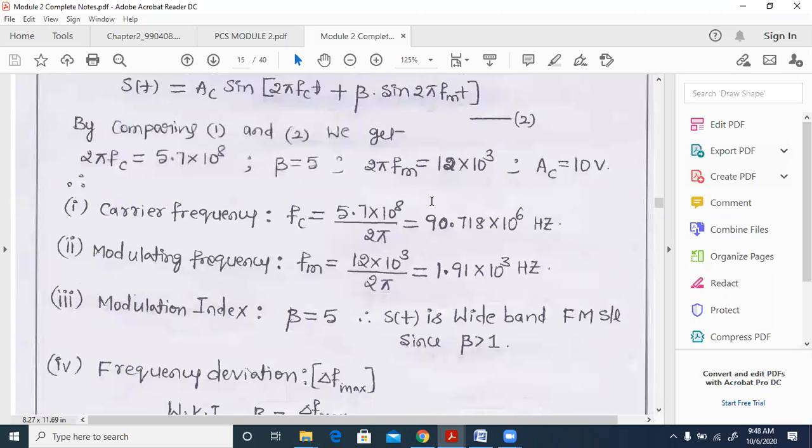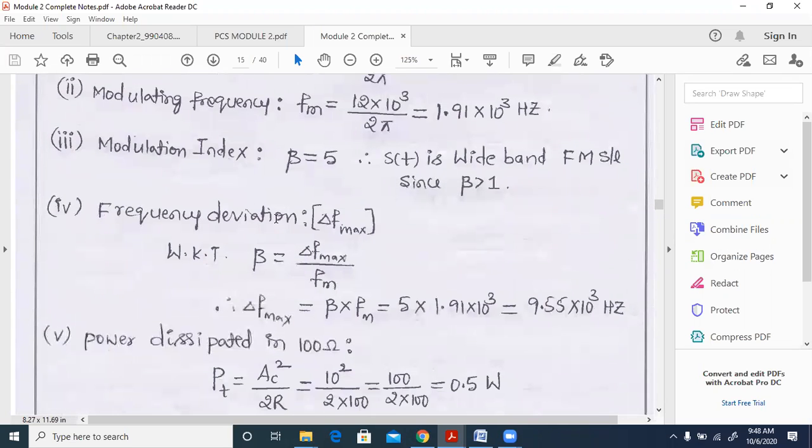So frequency deviation, del F max, can be found by using the equation del F max is equal to beta into FM. It's also KF into AM, but AM is not given. KF is also not given, but beta and FM are given there.